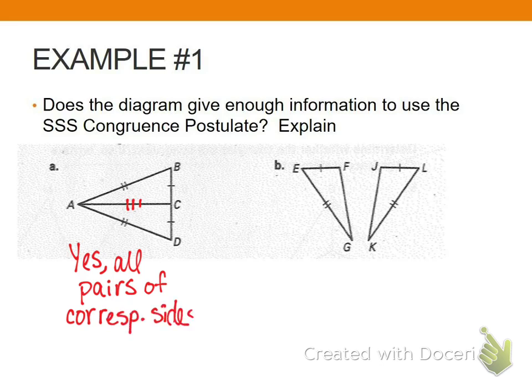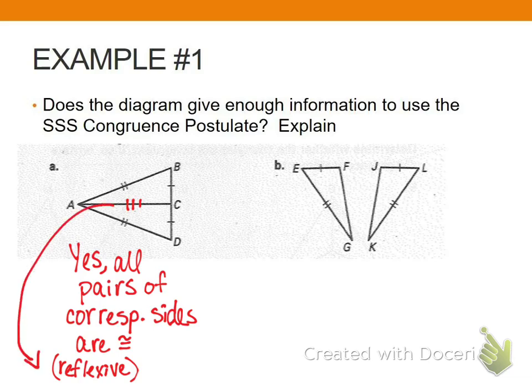And if you want to make a note that we use the reflexive property to get that last pair, you can. That's how we got AC congruent to AC.